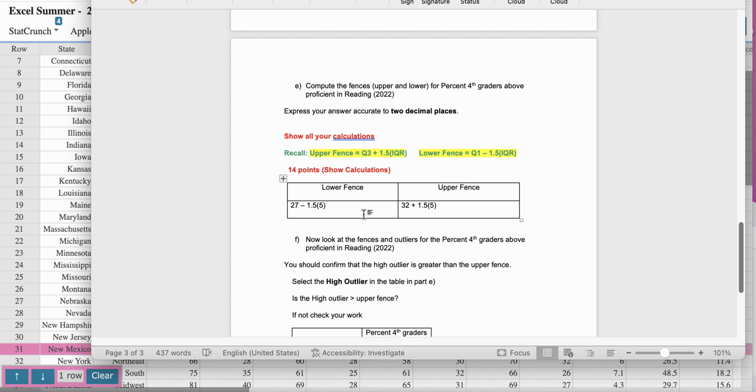I didn't do this before I prepped for this video, but we can do it really fast. If you do 27 minus 1.5 times 5, you come up with 19.5.